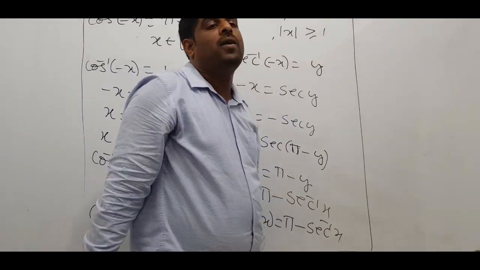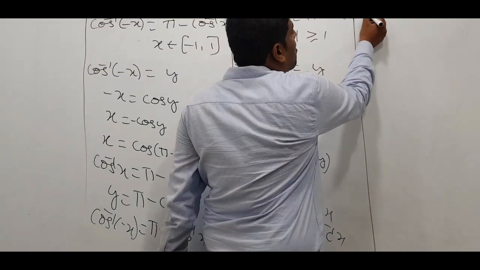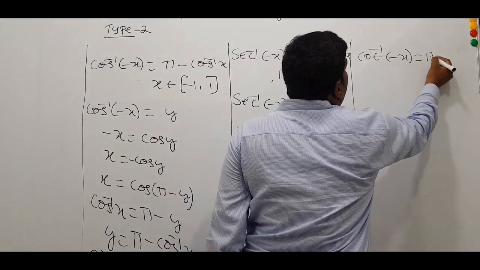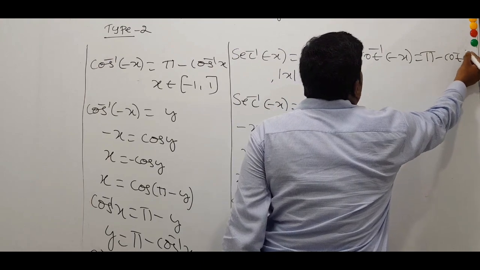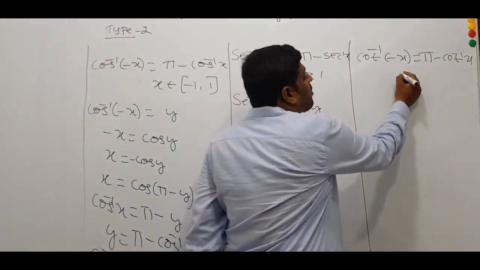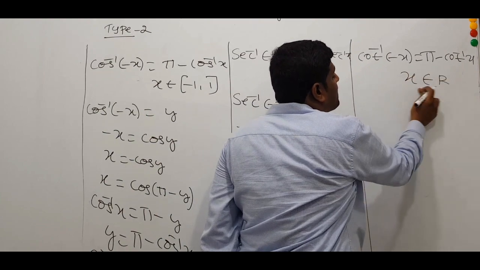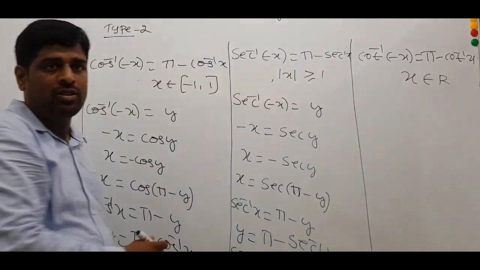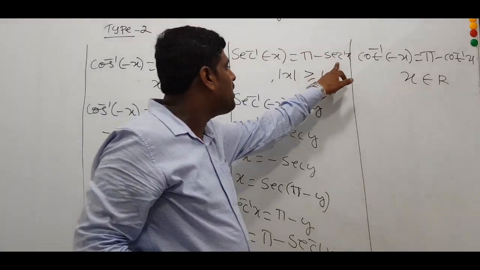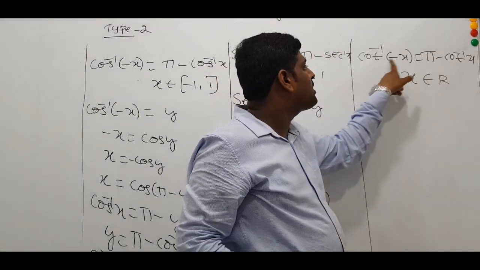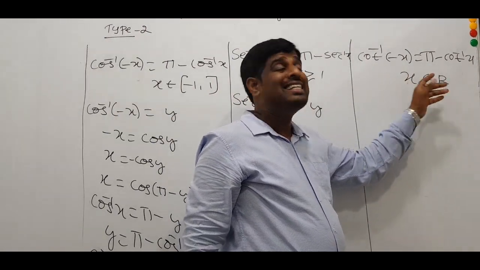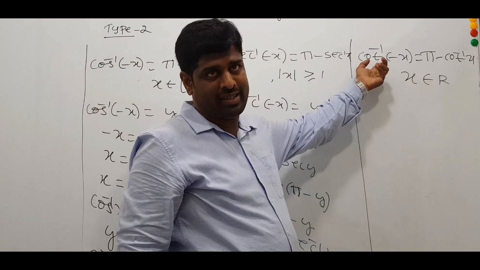One more property is cot inverse of minus x is equal to pi minus cot inverse x. For this, the domain is x belongs to R. These conditions are very important; for each property, this is the condition. This domain is also called the set of values of x.